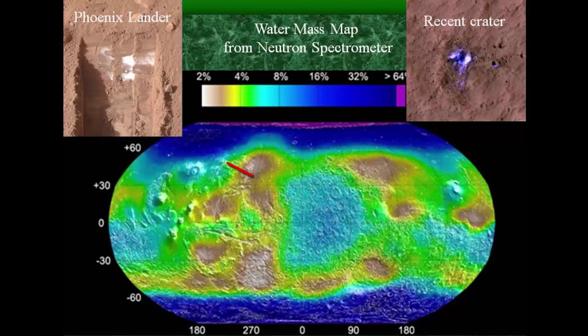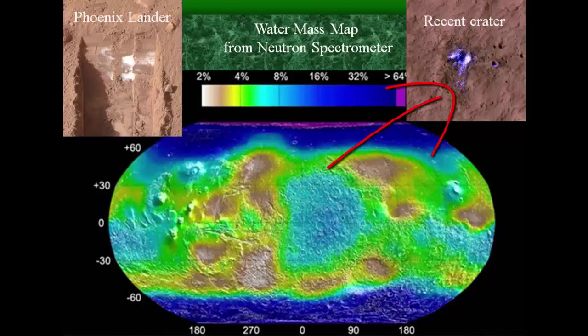Take a look at the image now in the upper left-hand corner from the Phoenix lander. The lander had a shovel that came out and actually scooped into the Martian soil and exposed these white layers, which we believe are water ice.